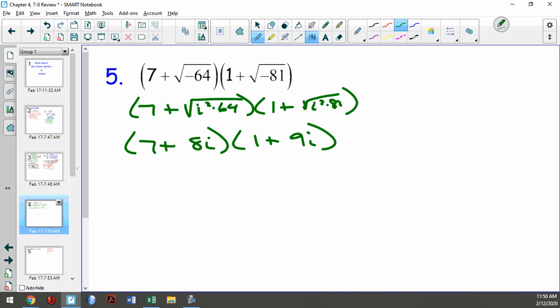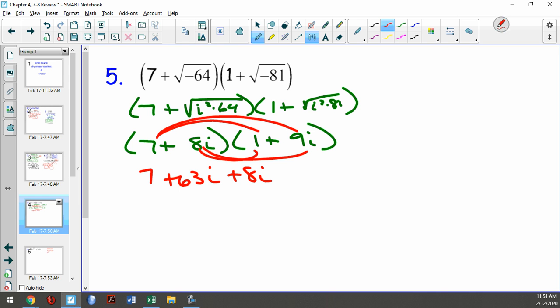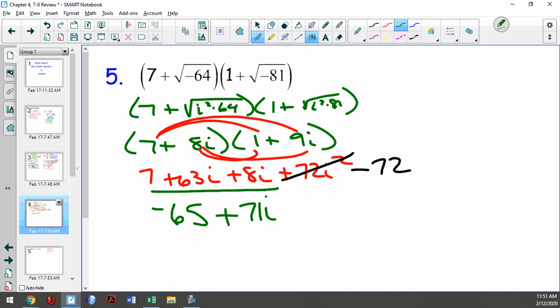From there, you have to FOIL. 7 times 1 is 7. 7 times 9 is 63i. 8i times 1 is 8i. 8i times 9i is 72i squared. What is the 72i squared going to change into? Minus 72 to give you a negative 65 plus 71i.